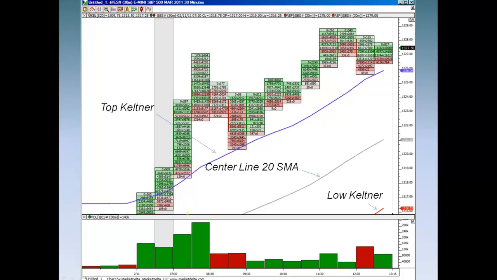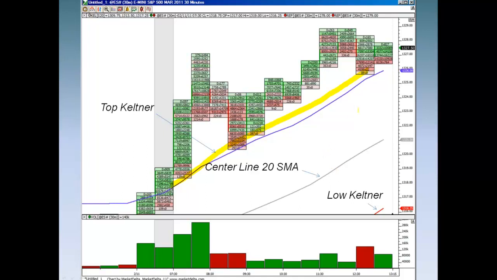Now, notice where prices are relative to the Keltner. Again, if this is an up day, a standard directional day, you're going to see prices will be above the Keltner. If in fact they're trading lower, that gives you an idea that the direction is not as strong. So take a look here. We're really trading 2 standard deviations above the simple 20 moving average.